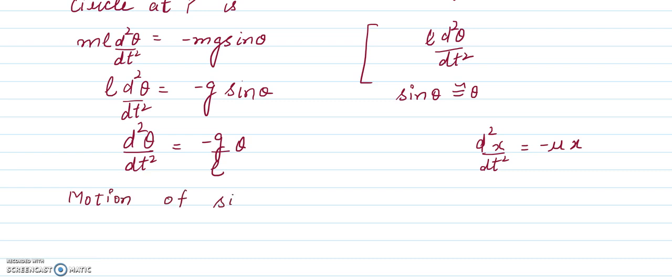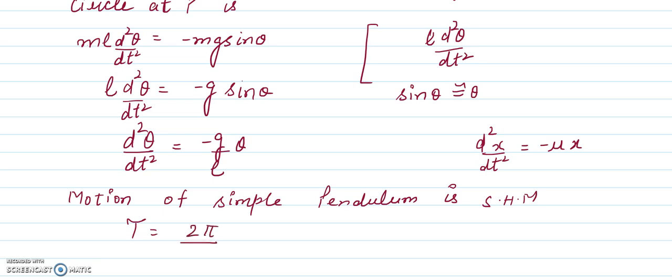The motion of simple pendulum is simple harmonic motion, and the time period of one oscillation is 2 pi over under root of g over L, which is equal to 2 pi into under root L over under root g.